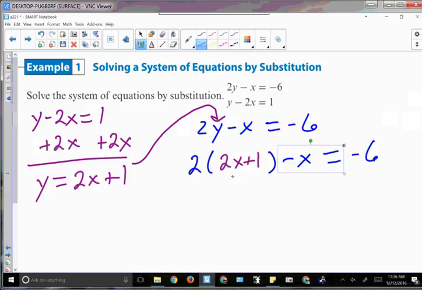So, now that I am here, I'm going to solve. Now we got the distributive property. So that goes there, so we end up with 4x. This goes to there, so I get plus 2. Then I still have the minus x is equal to negative 6. It's still back there.